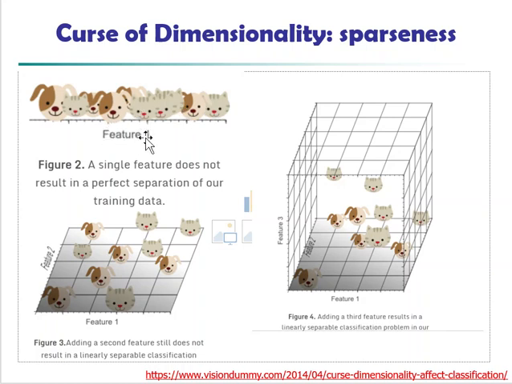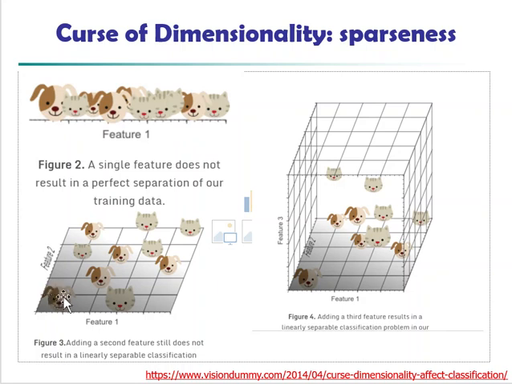Therefore, using this feature alone with one-dimensional data, we cannot really separate dogs from cats. Then we decide to add a second dimension, let's say the color of the fur. You can imagine that our training observations will be scattered more than when we only had one feature space.